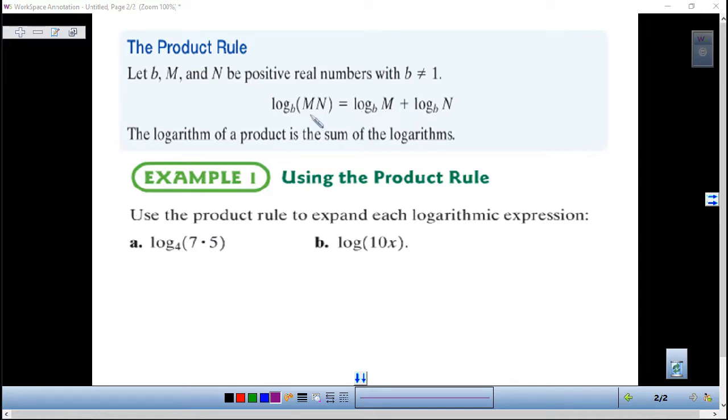The log of a product is equal to the sum of the individual logarithms, because this is going to find the power b would have to be raised to for m, and this is going to find the power that b would have to be raised to for n. And if we multiply these together, then those powers will be put together and added. Another way that this was used in the past is the fact that they didn't have calculators, so they would have log tables.